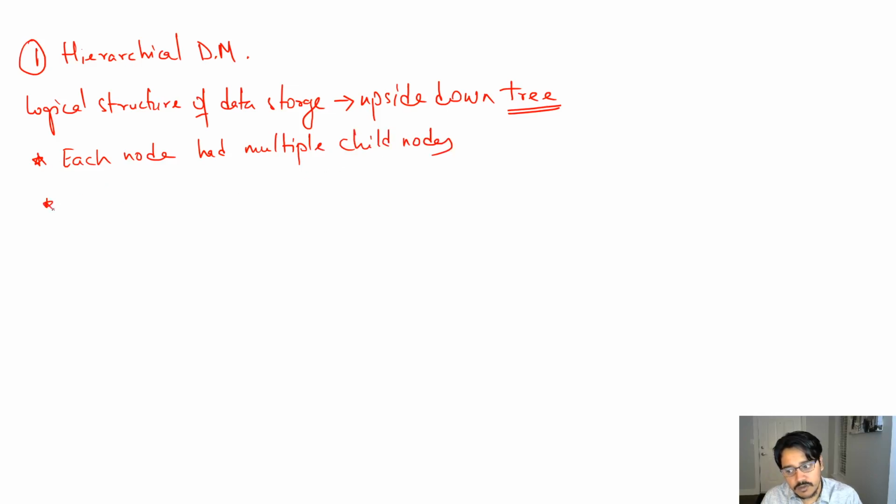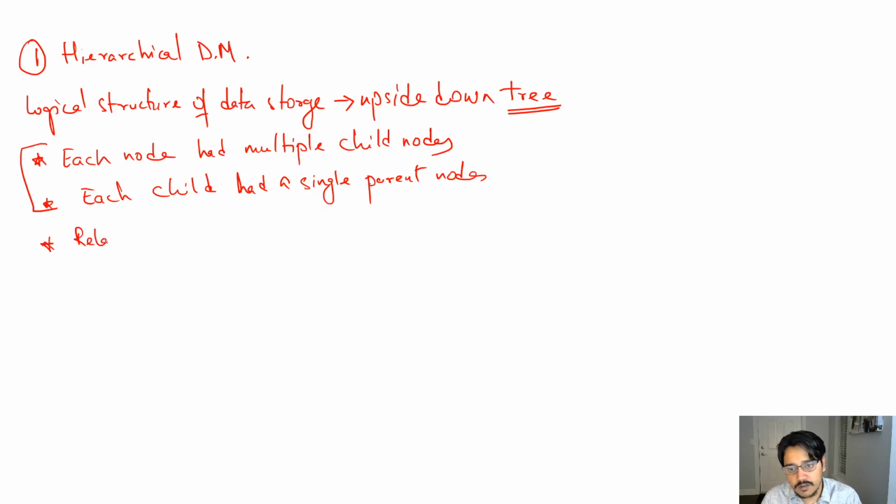However, each child had a single parent node. If you relate these two features together, you will realize that the relationships that could be implemented using this data model were mostly 1:m relationships.